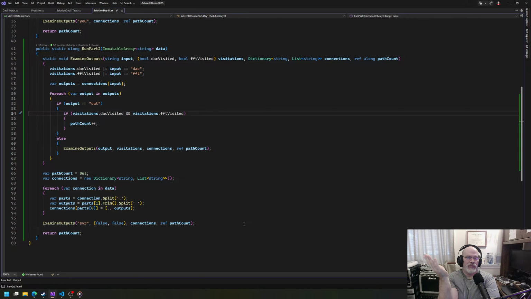And the visitation should have no impact on the search. Again, I think this is just a case where the search starting with SVR is much longer than the search with U. I guess maybe one optimization you could say is, well, only start at DAC.